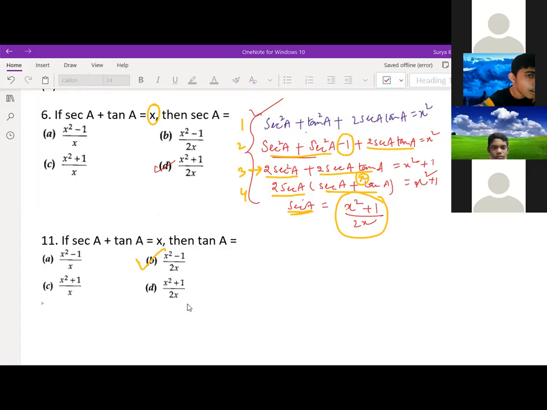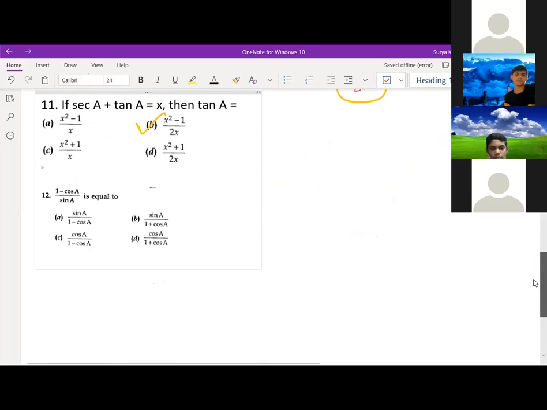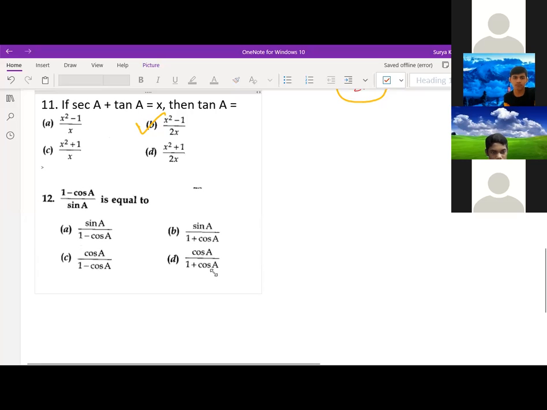Next question is. Tell me the next question. 1 plus cos A divided by sin A equals to what?